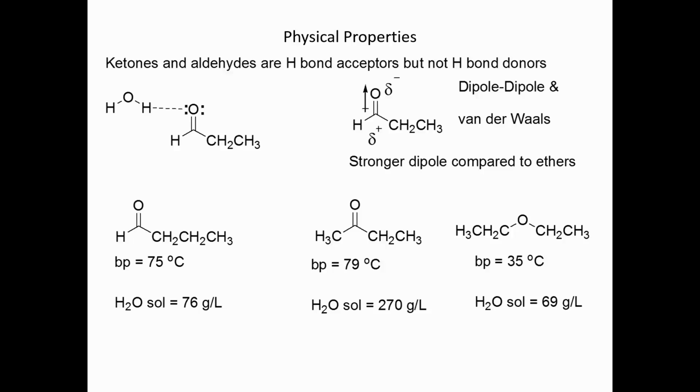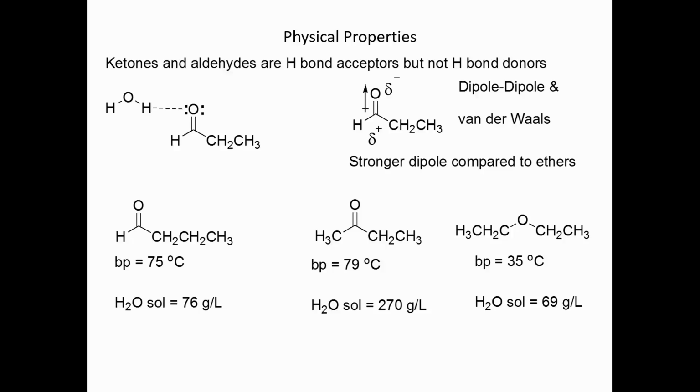What we're seeing here also is a very similar effect on water solubility. Okay, so even though they aren't hydrogen bond donors, they can serve as hydrogen bond acceptors, and the solubility of the aldehyde and the ether are fairly comparable here. The ketone's a lot more soluble, and this is, I think, because the degree of alkyl character isn't that far in any direction.